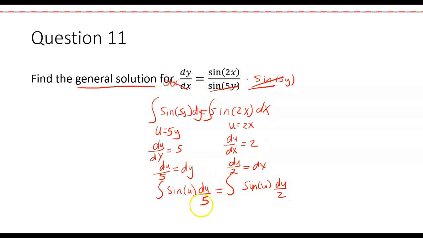For both of these integrals, now that we've done our u subs, we could take the 1/5 out like this, and we could take the 1/2 out like this. The integral of sine is negative cosine, so we have this. I'll put the u back in for this side, and I'll put the u back in for this side as well.